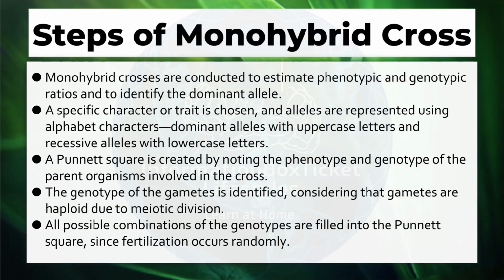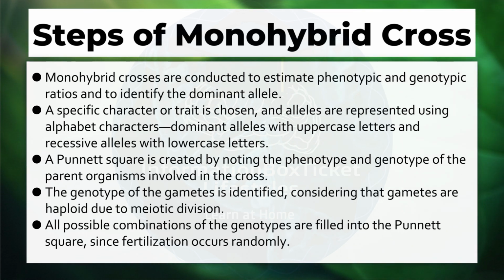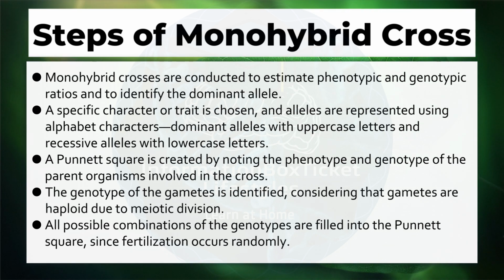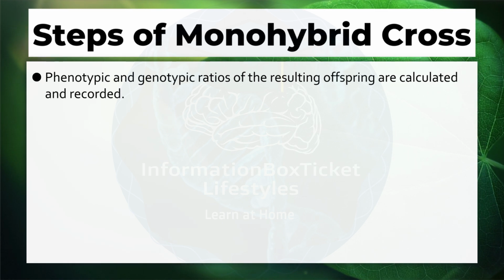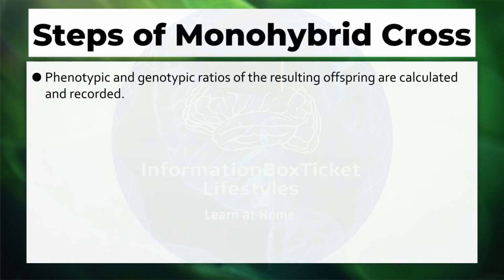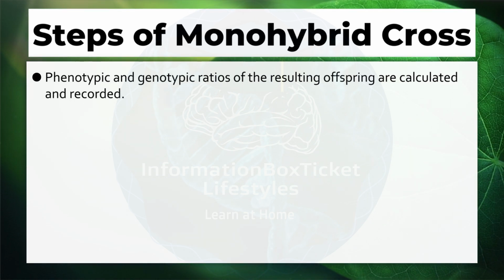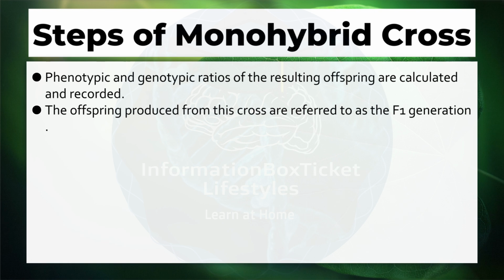All possible combinations of the genotypes are filled into the Punnett Square, since fertilization occurs randomly. Phenotypic and genotypic ratios of the resulting offspring are calculated and recorded. The offspring produced from this cross are referred to as the F1 generation.